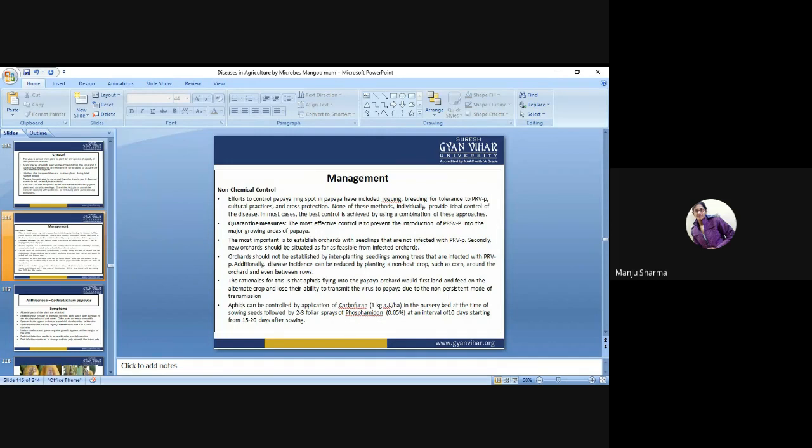In most cases, the best control is achieved by using a combination of these approaches.